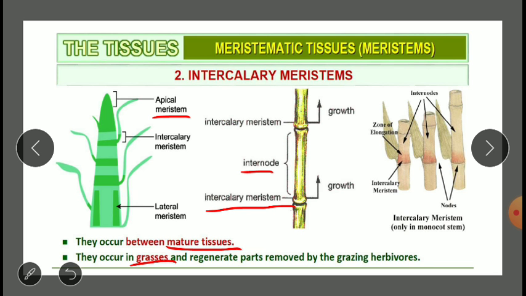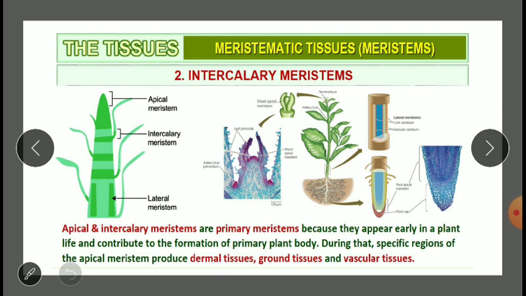So what happens in the grass? The herbivorous animals like the cows and goats are eating the grass, because of which the leaf of the grass is getting cut. But because of this intercalary meristem, that grass part is able to regenerate. So they occur in grasses and regenerate parts removed by the grazing herbivores.